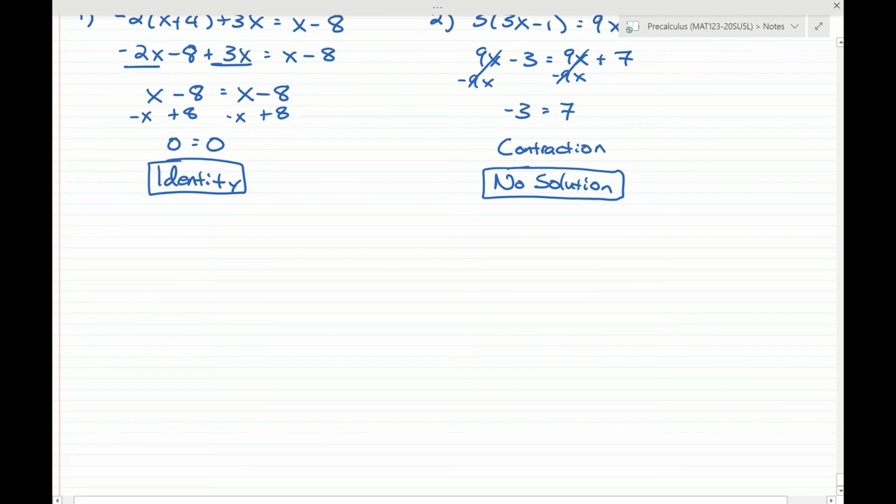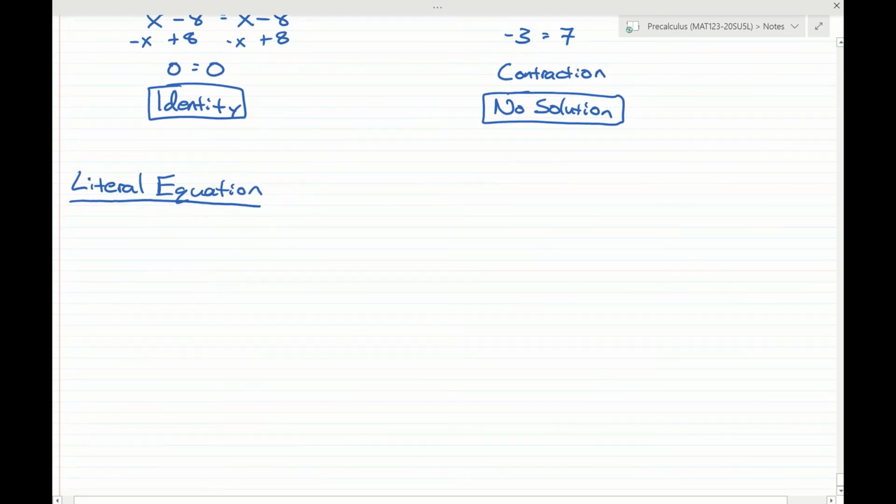And then the last thing I wanted to talk about in this section was how to solve a literal equation. Really what this is like is if we have a formula, sometimes we just want to get one variable by itself.